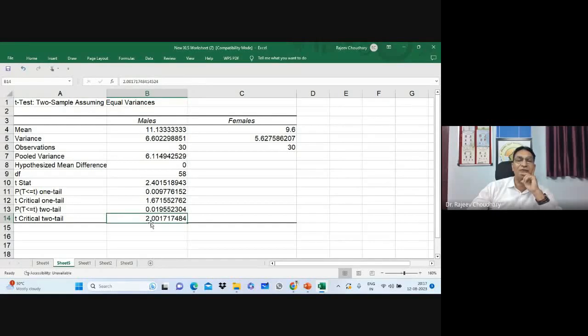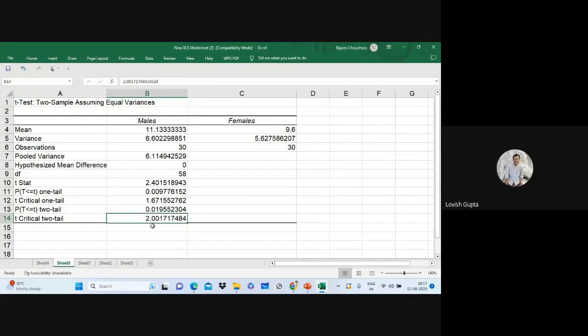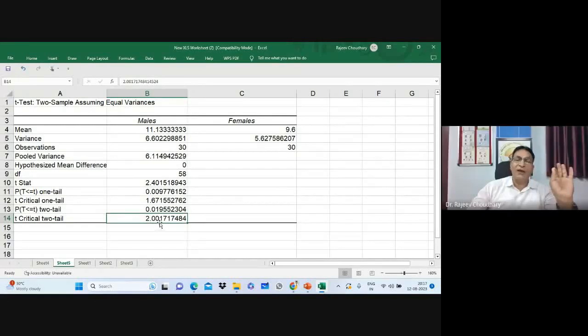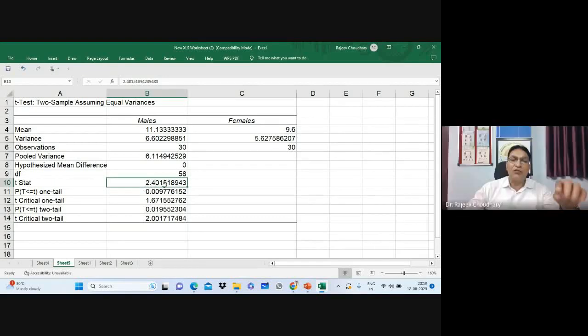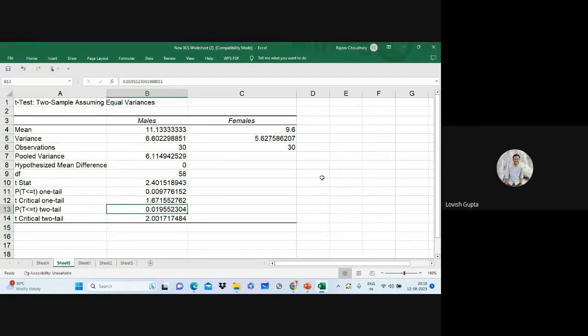The critical value is 2.00-something. You can take the decision by comparing, and our calculated value is 2.40, which is higher than 2. It means a significant difference is there. Or another way is, since the P value is less than 0.05, you may opt for any one for interpretation purposes. Okay, sir.